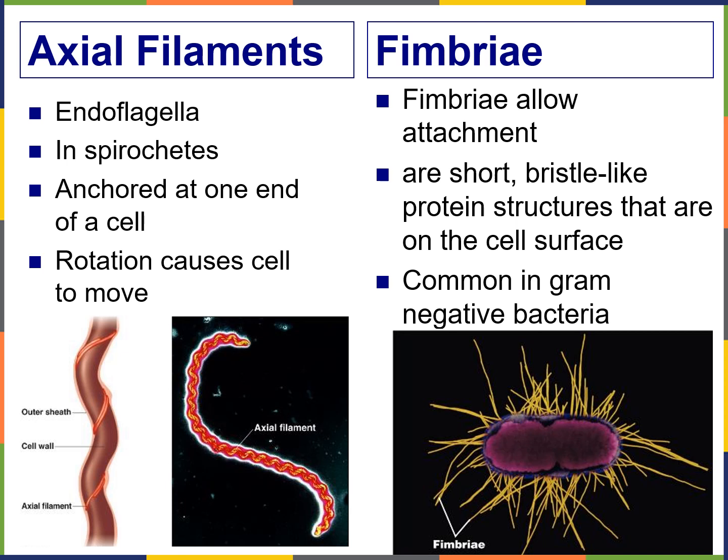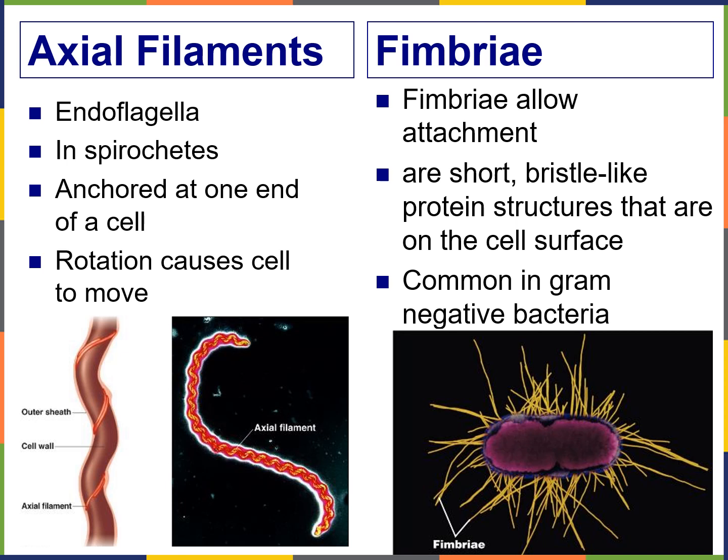And the reason for this, they're known as endoflagella because the axial filament is firmly attached to one end of the spirochete, and then it wraps around the entire length of the spirochete and it firmly attaches on the other end.